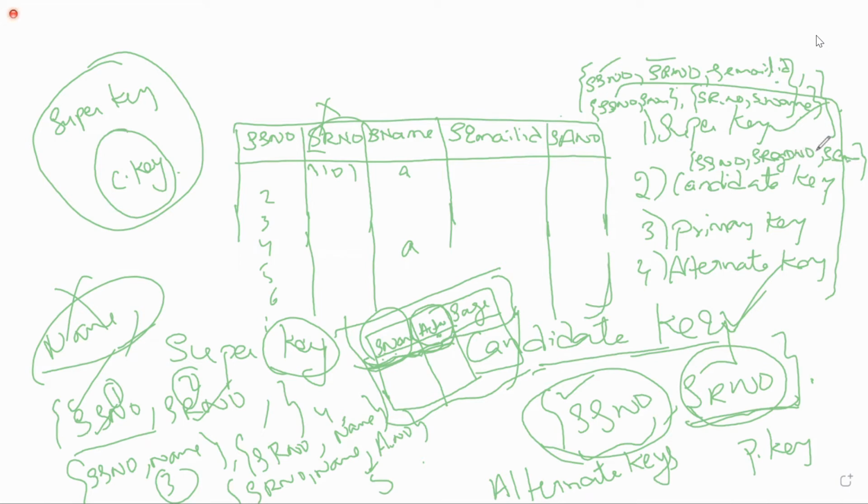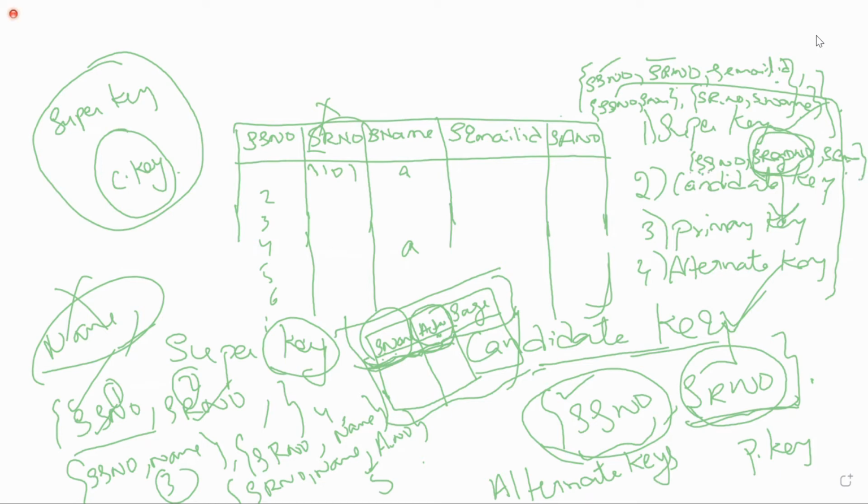All these three. But within these three, I will now select one as the primary one, which is the most important one, so it will be the primary key. Then what about the other key attributes from the candidate key?